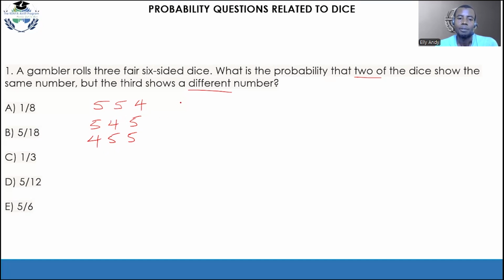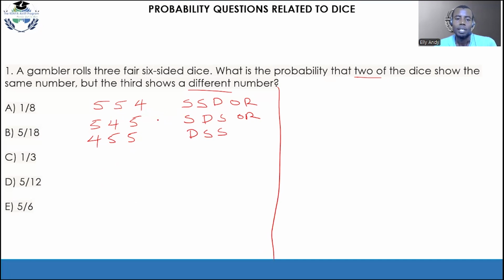So if we use S for the dice showing the same number and D for the die having a different number, we can have S, S, D, or we can have S, D, S, or we can have D, S, S.